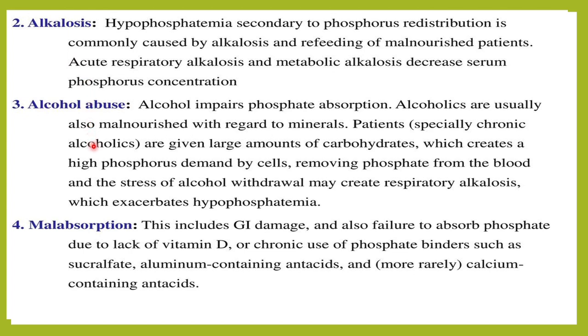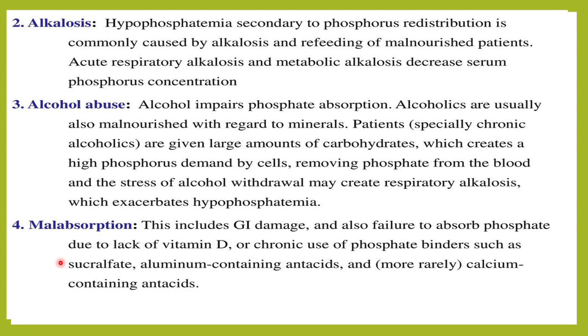Alcohol abuse can also reduce the calcium, and it can reduce the phosphorus also. Malabsorption, like if there is any GI damage, either because of sprue or ulcerative colitis, Crohn's disease, inflammatory bowel disease, all these can cause decreased absorption of phosphorus, and that can lead to decreased phosphorus levels in the serum.